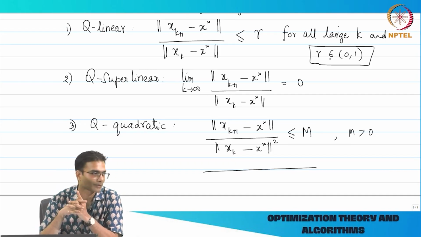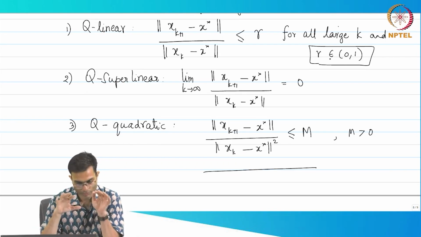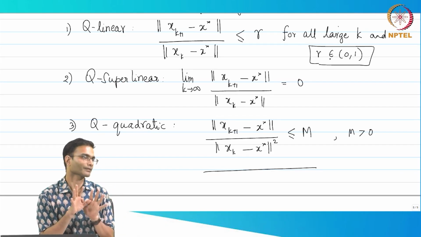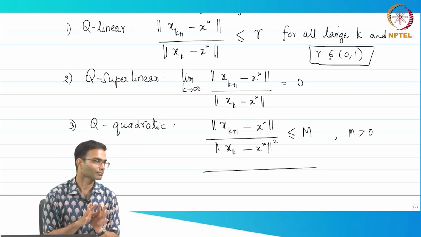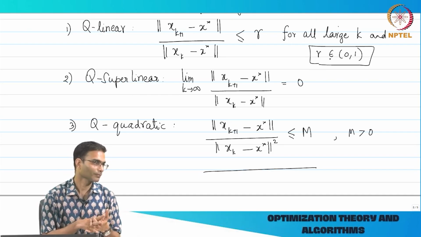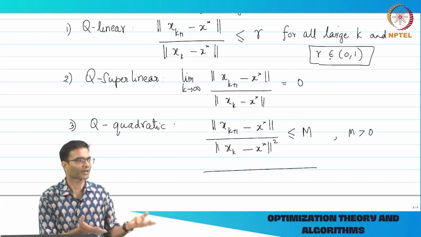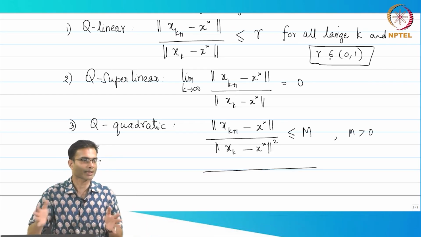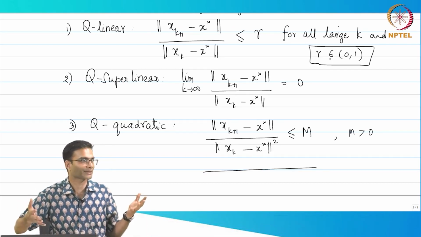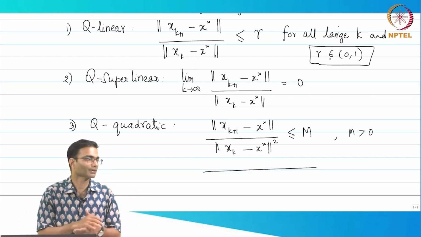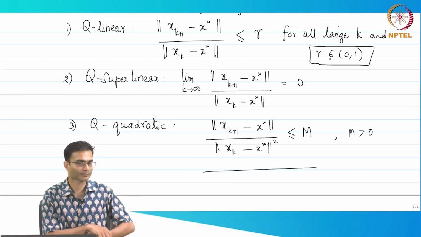No. If it is quadratic, you say it has quadratic rate of convergence. Okay. You declare the higher one. From a practical point of view, that is what you are interested in, right? So quadratic will of course be as fast as linear, but it's much faster than linear. That's the sense in which we will use it.